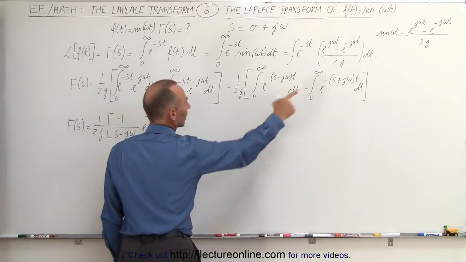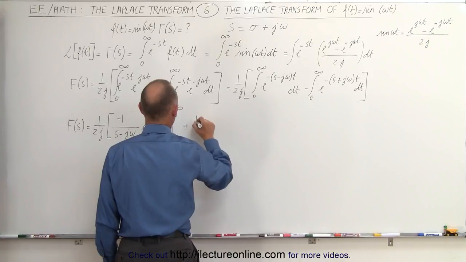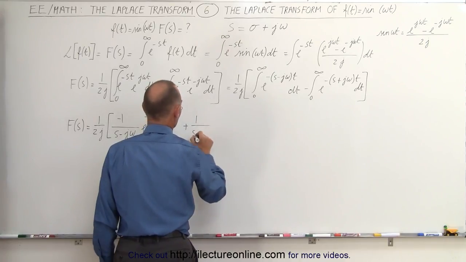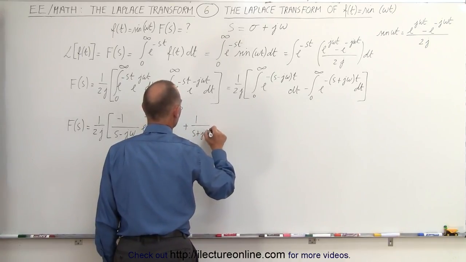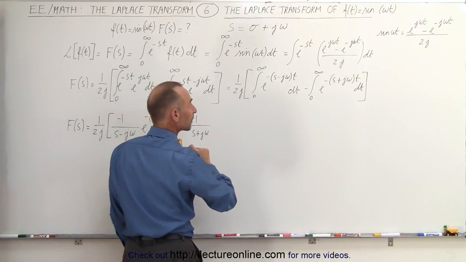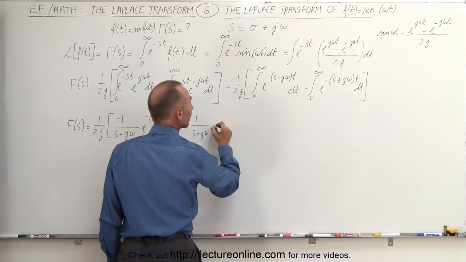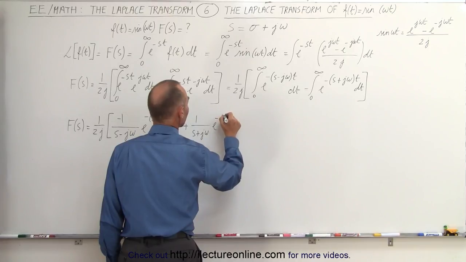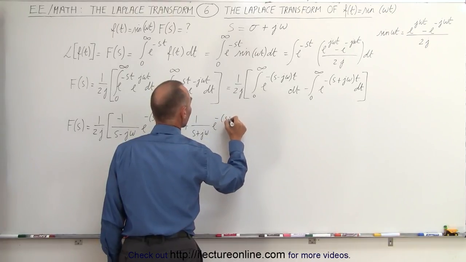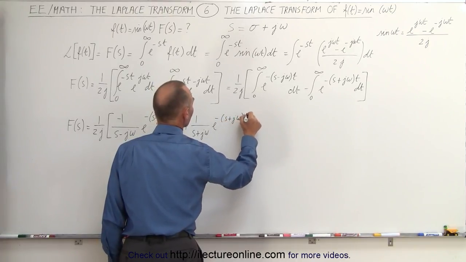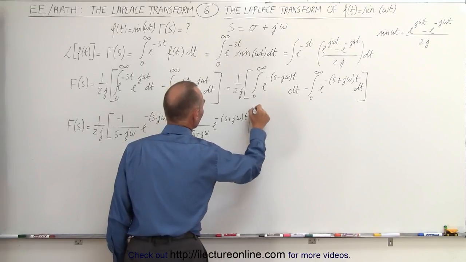Minus times the minus becomes a plus, 1 over s plus j omega, and that would be times e to the minus quantity s plus j omega times t evaluated from 0 to infinity.